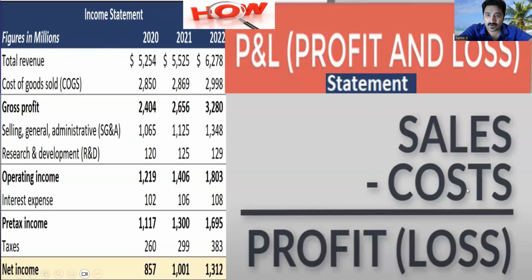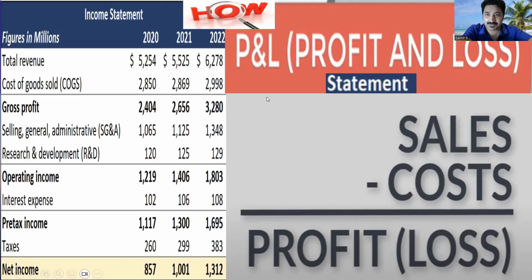Sales minus cost equals profit or loss, which is basically what the income statement or profit and loss is. In the income statement, we are talking about total revenue, gross profit, operating income, pre-tax income, and finally we come to the net income. That will be the profit or loss. So the income statement is covered.